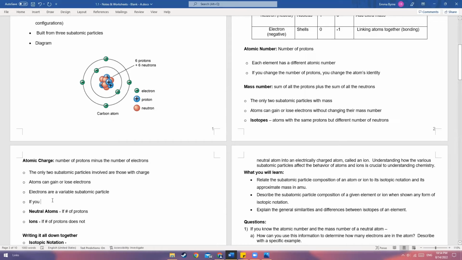Just to really hit this point home, if you change the number of electrons, you change the atom's atomic charge. Ions are when you change the number of electrons.